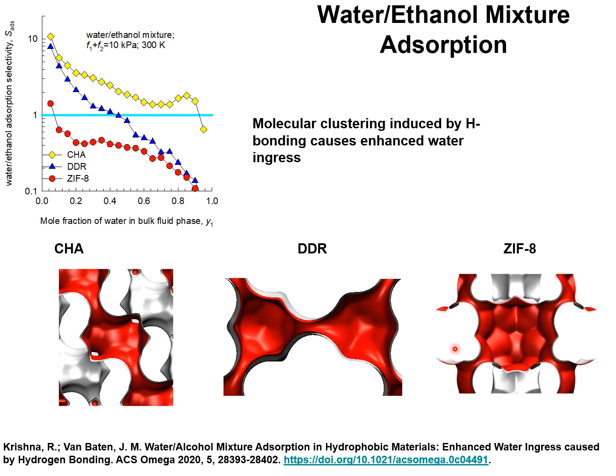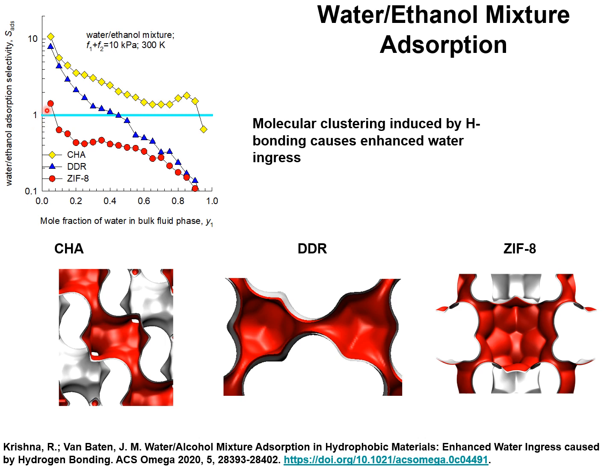The cages are larger than those of DDR and Chabasite. We note that at very low compositions of water in the bulk fluid mixture, the selectivity is in favor of water. And with increasing composition of water in the bulk fluid mixture, the selectivity tends to reverse in favor of ethanol.